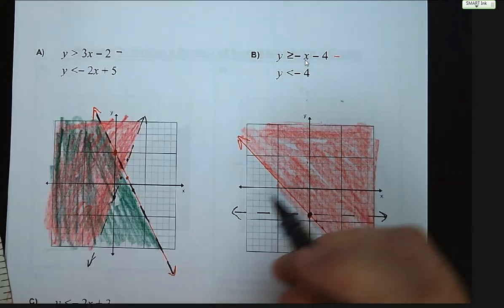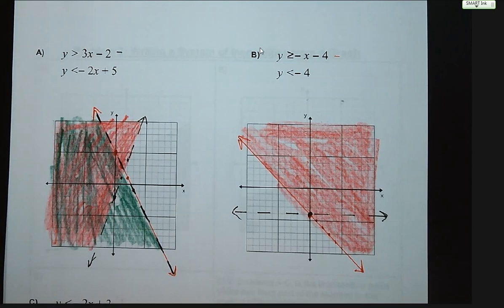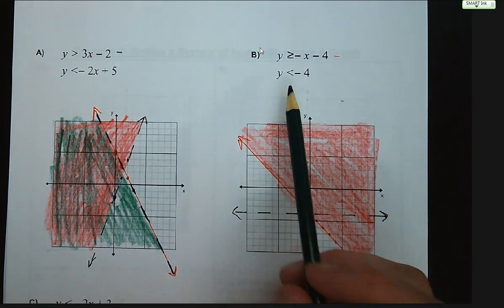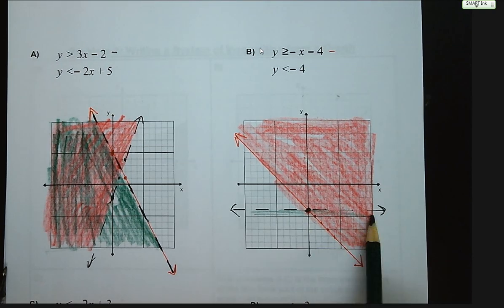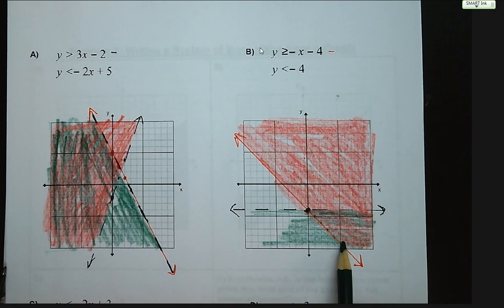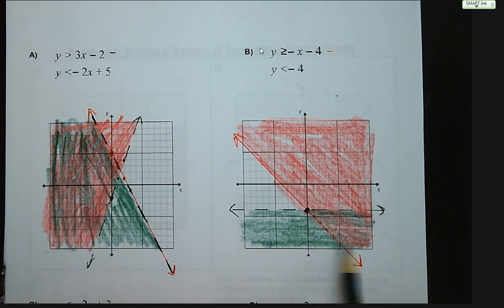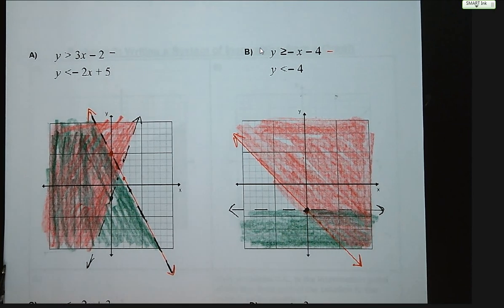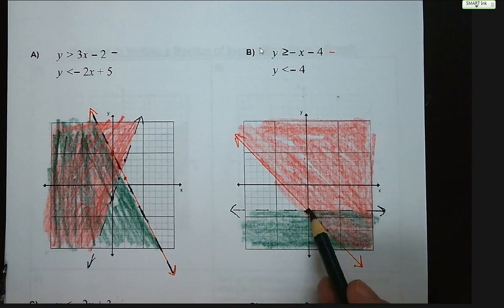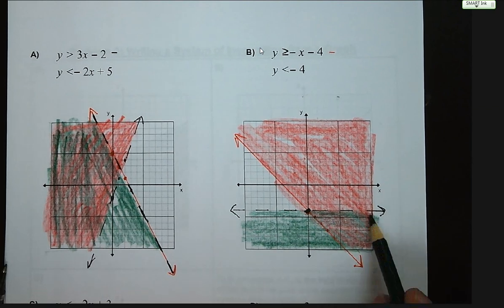All right. And we said y is going to be less than, so it needs to be shaded below. Okay, so our solution set is this area right here.